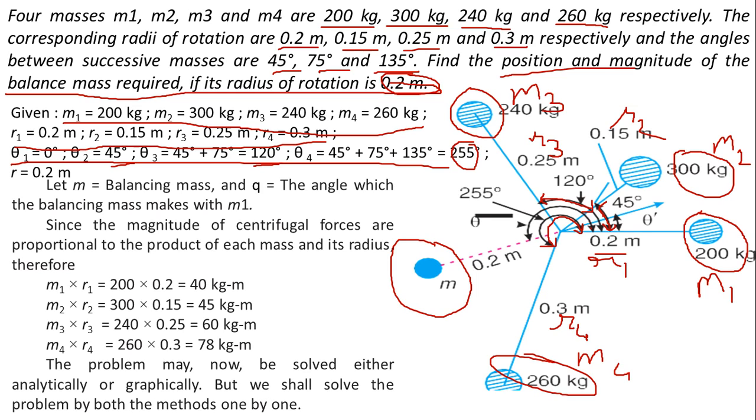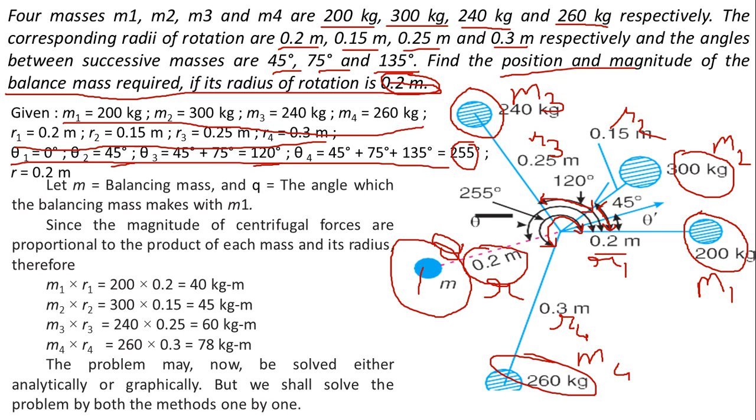So mass and angle for this unknown thing you have to find out, and he has given that the radius is 0.2 meter, means he has given the radius r. So you have to find out the value of m and also the angle theta. Okay, so we will start the problem.